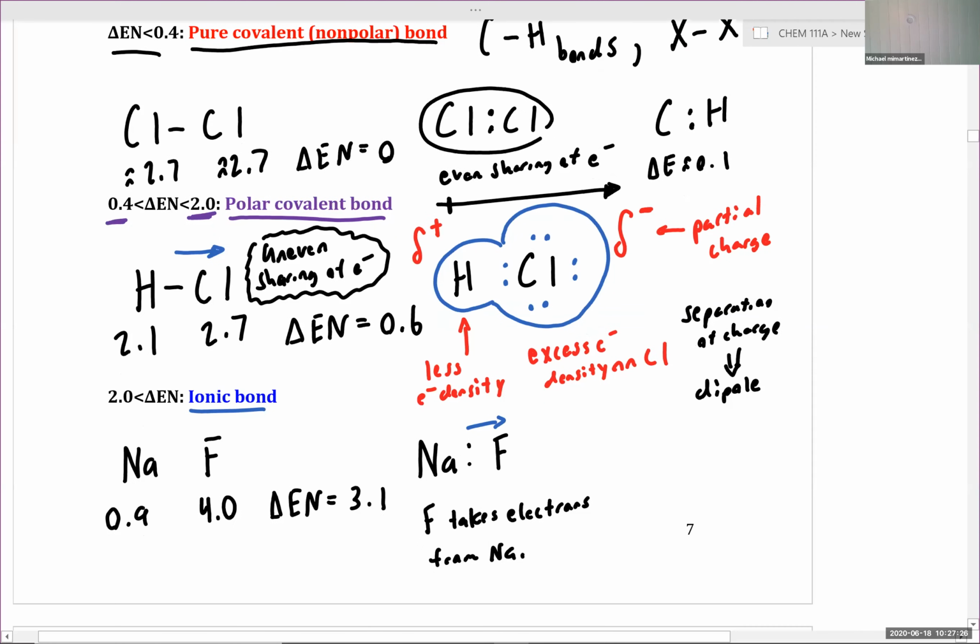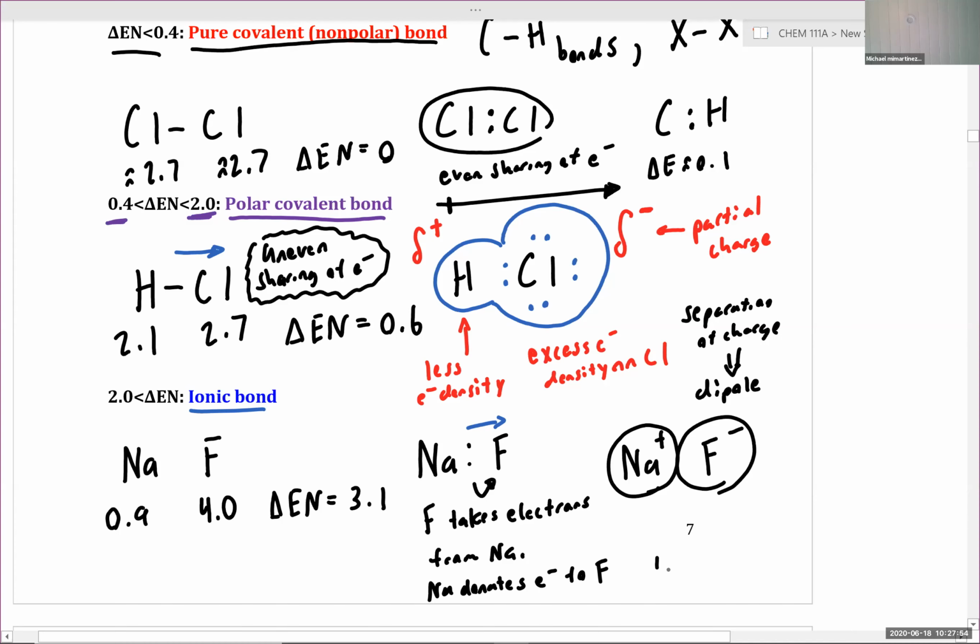Another way you can think about it is that sodium donates electrons to fluorine. So these electrons are no longer shared, they're just transferred to fluorine. And that in turn gives us a set of ions, and these two ions will attract each other, and this attractive interaction forms the backbone of our ionic compound.